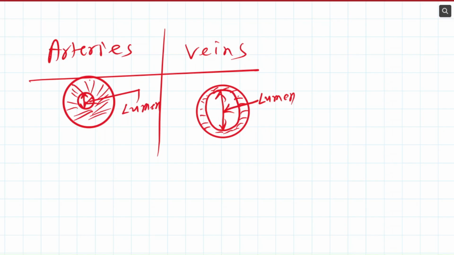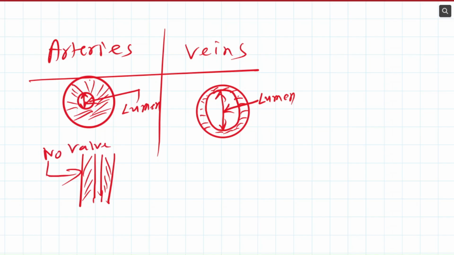Now, if you see the longitudinal section, or you can say the vertical section, you will not find the presence of valves in arteries. So here, no valve. While in veins you will find the presence of valves. Valves are present in veins.